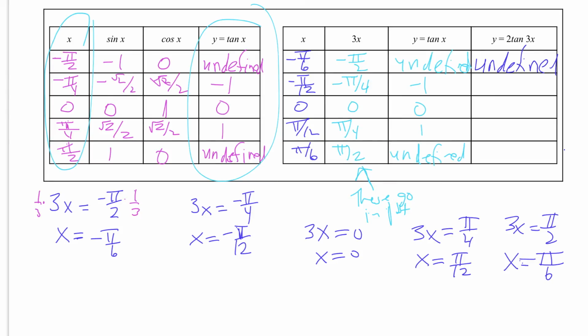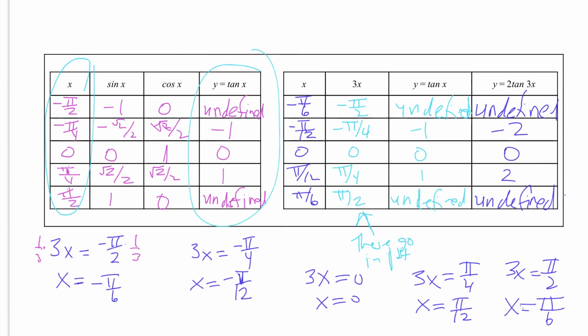Then if we take 2 and multiply by negative 1, we get negative 2. Then we're taking 2 and multiplying it by 0, which is 0. 2 times 1 will give us 2. And then our undefined will stay undefined. That's going to be our other asymptote. And from here we can go ahead and graph it.